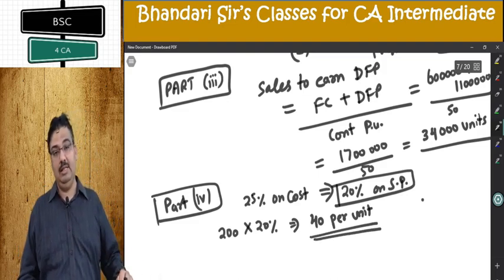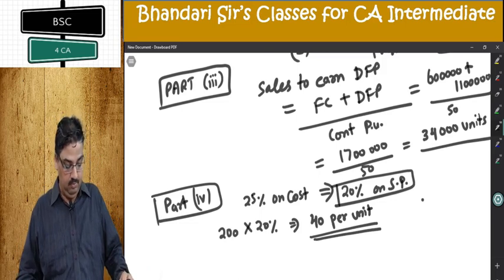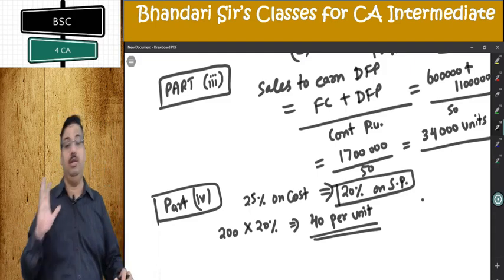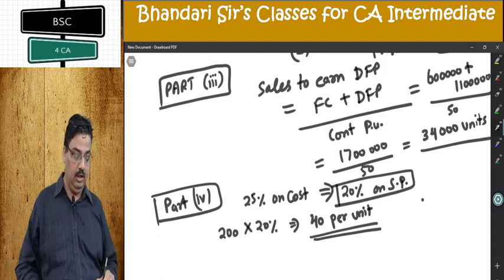40 per unit is desired profit. Now again the profit is variable in nature. I need to apply the equation again.